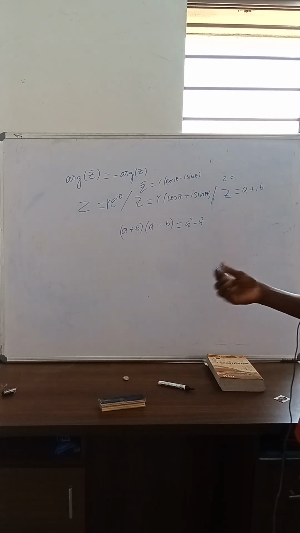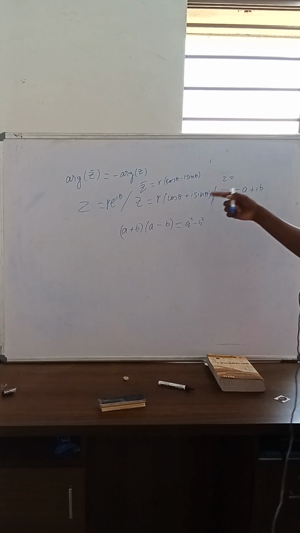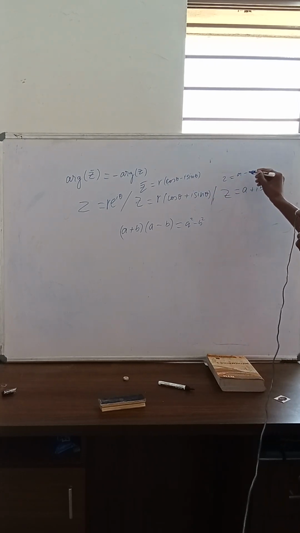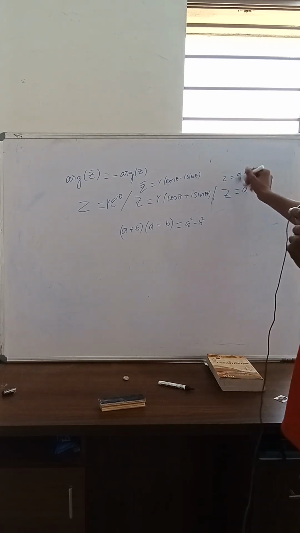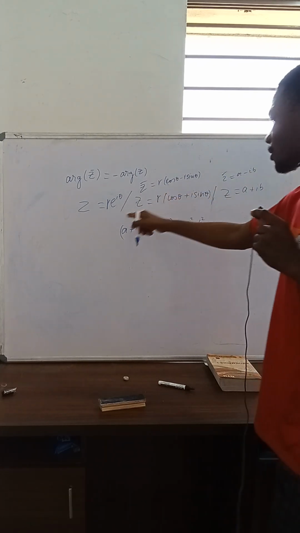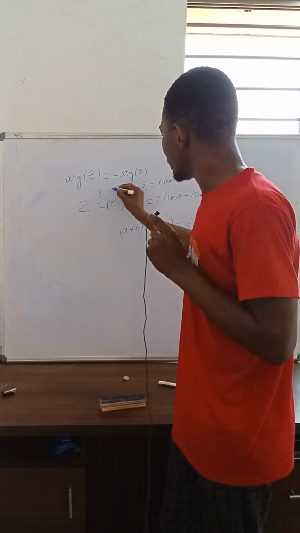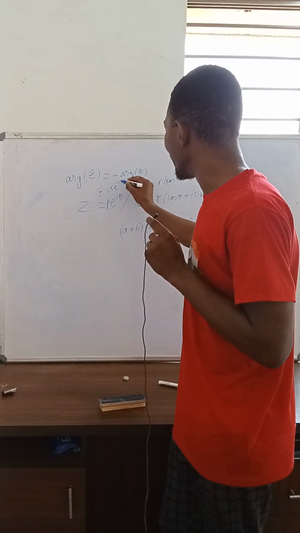Because the conjugate is the inverse actually. And for a plus ib it will be a minus ib. This will be the conjugate for this one. And what about for this one? The conjugate for this z is nothing but r Euler raised to minus I theta.